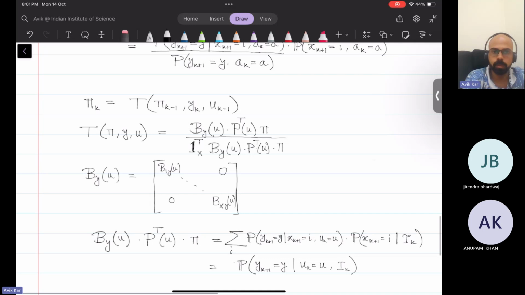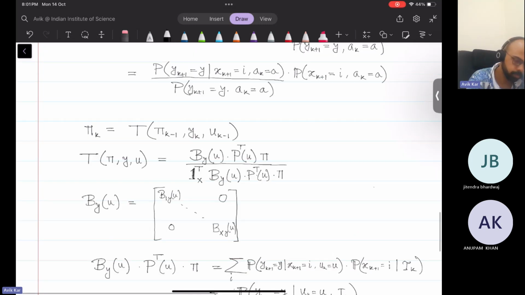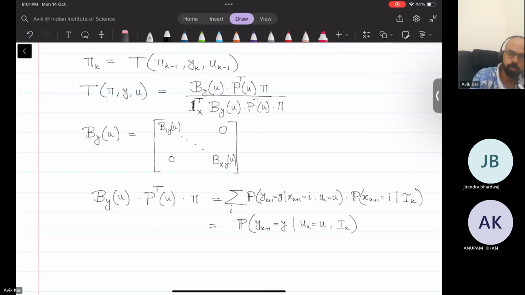So it seems there is some notational problem. It's not clear to me.